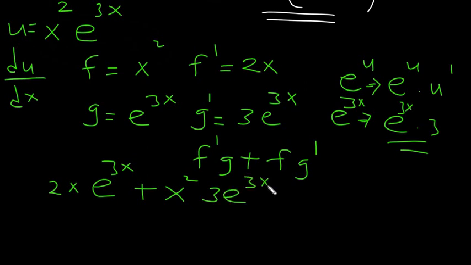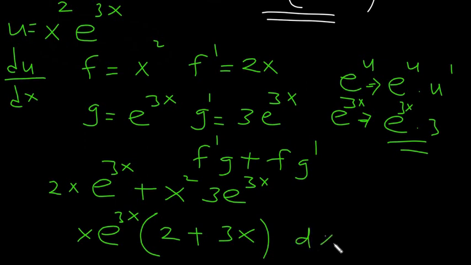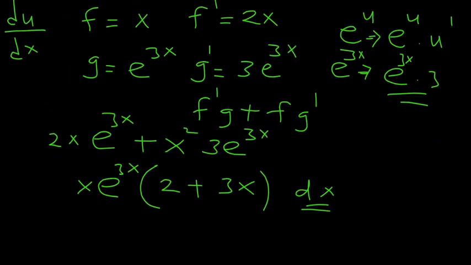So we can simplify this, and we can factor out x and exponential 3x, which is common for both terms, and then inside the bracket we're going to have 2 plus 3x, and dx. So for all the cases we have a dx here, and that is going to be the derivative of our function here.